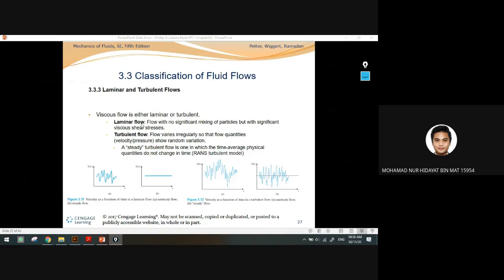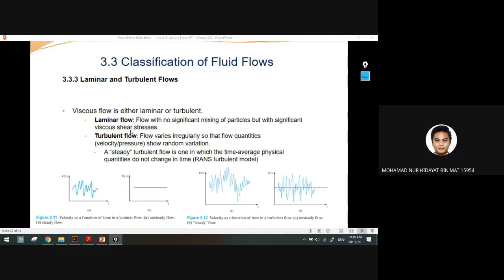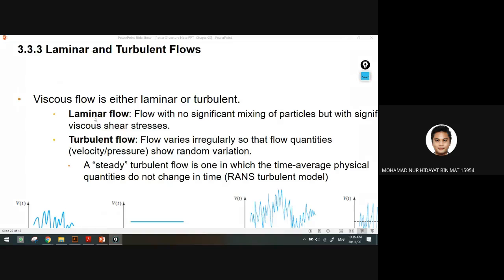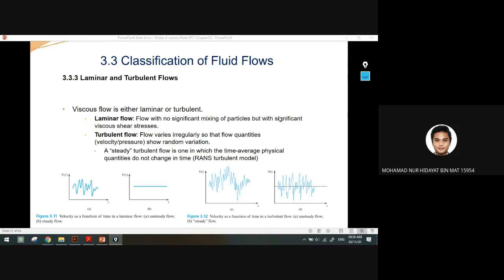Alright, next is the classification of fluid flow, laminar and turbulent. Normally, when we talk about laminar, it is at a slow speed. When we talk about turbulent, it is at a very fast speed. Laminar is where the flow has no significant mixing of particles, but with significant viscous shear stress.